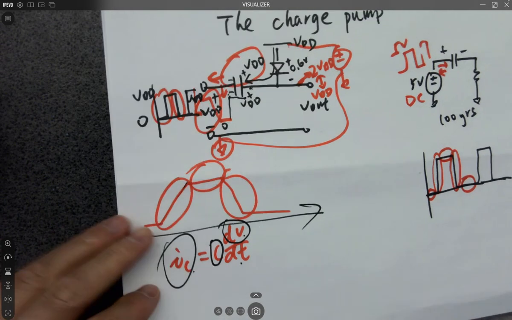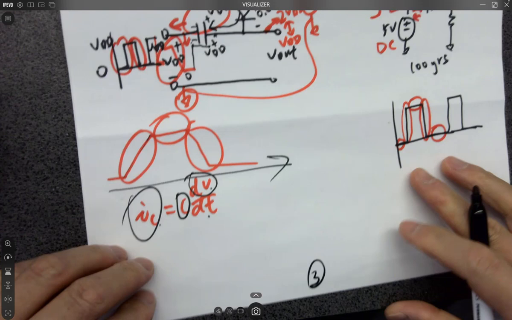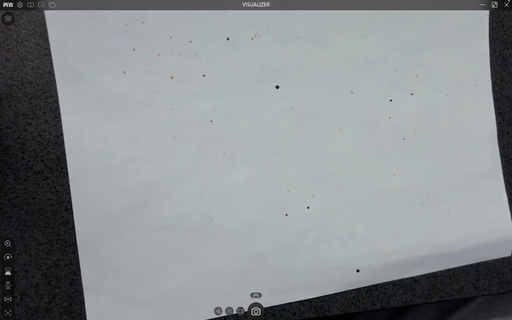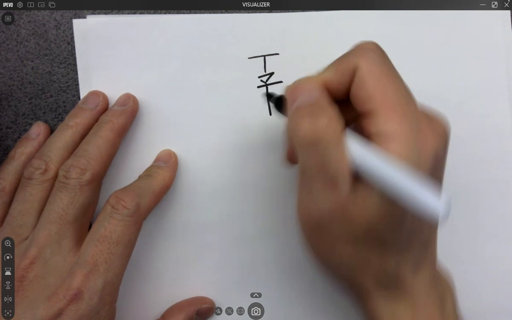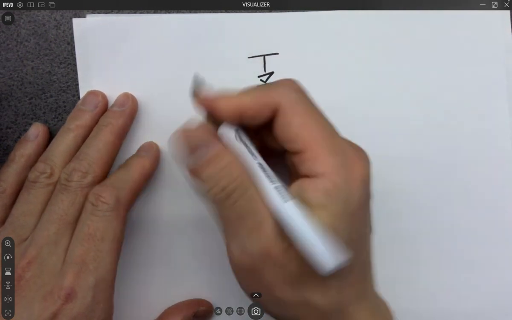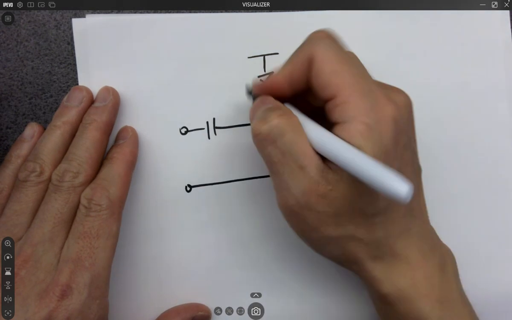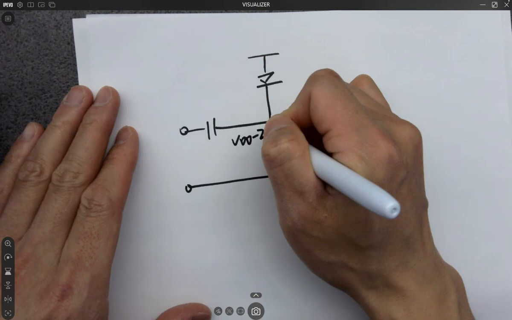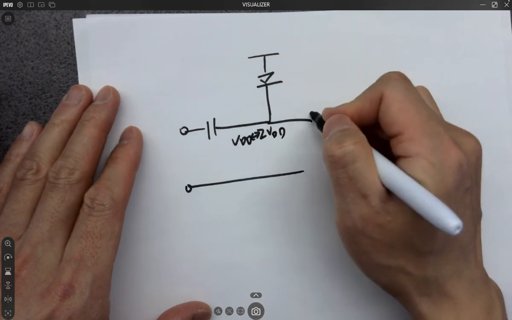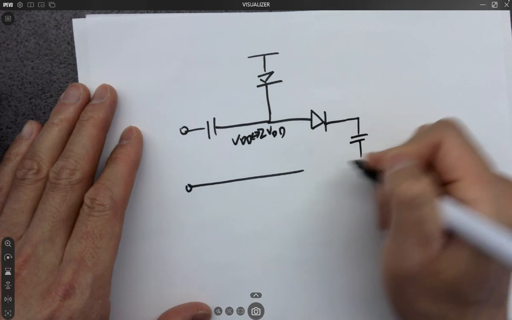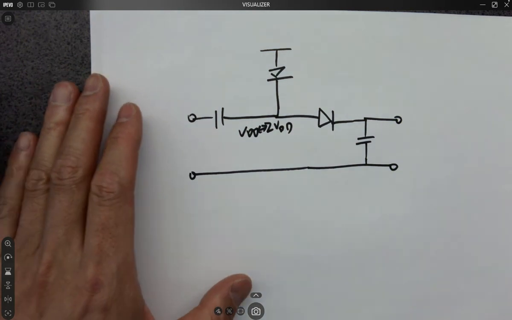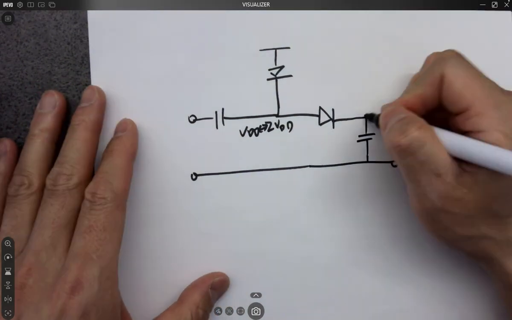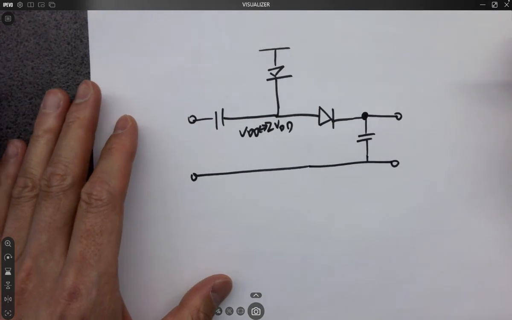So let's keep going, adding more circuits to it. Let's see if that makes more sense. We know that this is a little charge pump, and we are getting VDD to 2 VDD here. And if we're adding a diode and a capacitor, there's a little filter here. So this one will give you a DC voltage, right?